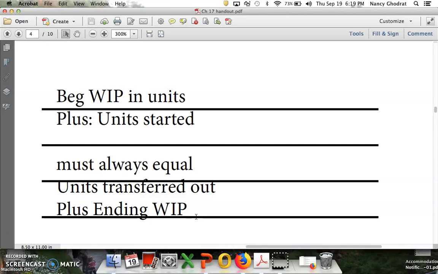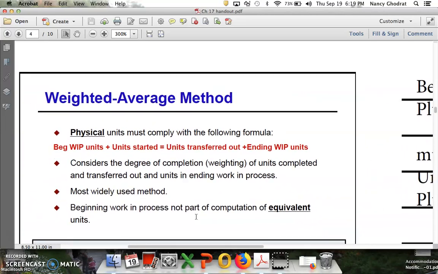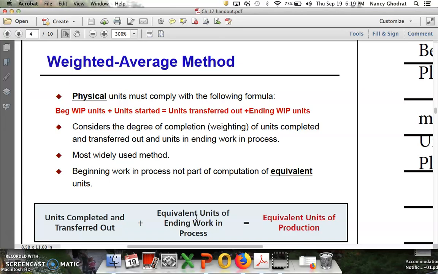Excellent. So now, when we give you an example, there are two methods that we can use to calculate how many equivalent units have been finished. One method that the chapter uses is called the weighted average method. It doesn't make a distinction between whether we finished beginning work in process first or the units that we started into production first. And it's the most widely used in practice.